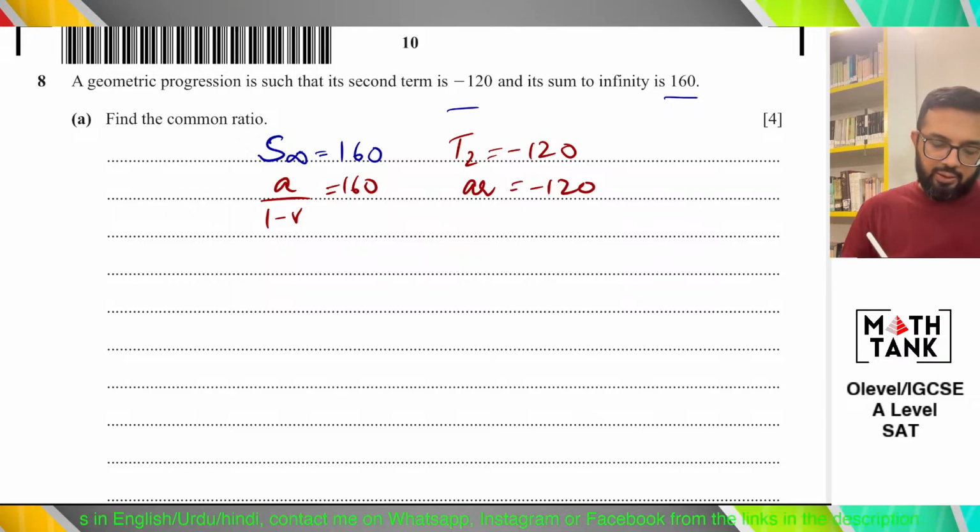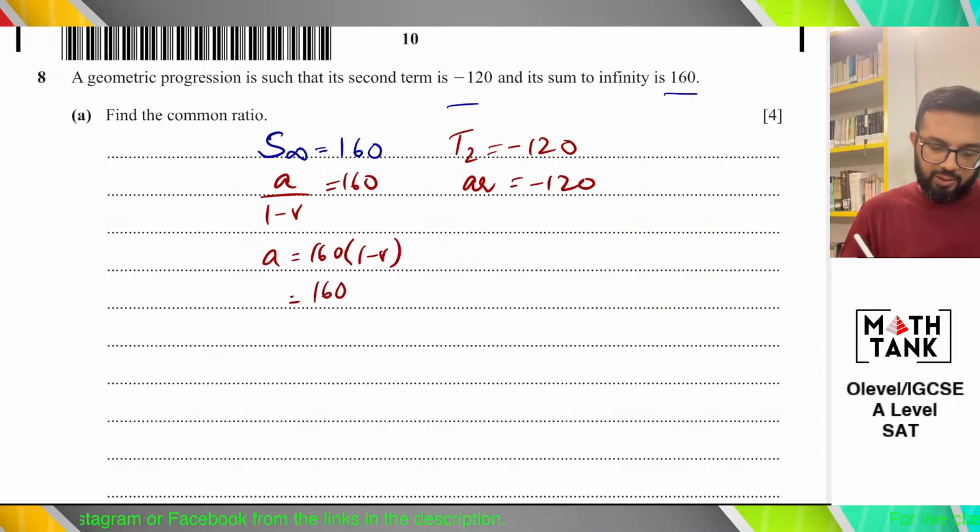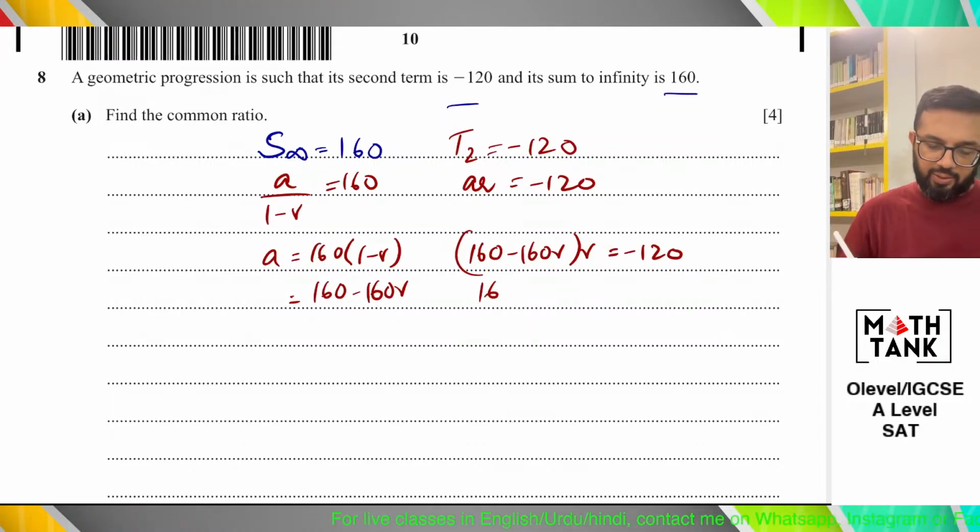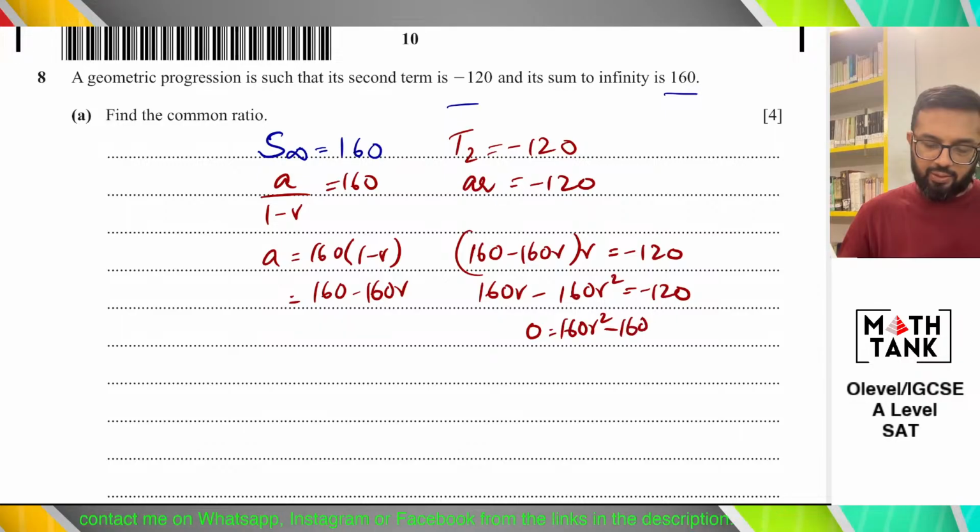Okay, so I can replace a with 160 minus 160 r. So 160 minus 160 r, all times r, equals to minus 120. So 160 r minus 160 r square equals to minus 120. 160 r square minus 160 r minus 120 equals 0.